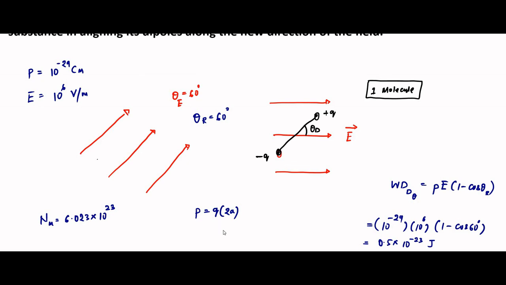So simply we'll multiply it. This is for one molecule and this is for this many molecules. We'll consider only the 6, rounding it off, so 6 into 0.5. The 10 to the power 23 and 10 to the power minus 23 will get cancelled.